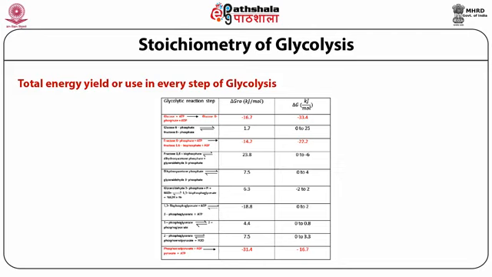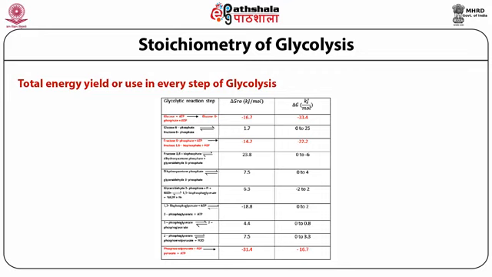If you see in the table, it is clear that during the step where glucose is converted into glucose 6-phosphate, minus 16.7 kilojoule per mole energy is generated.